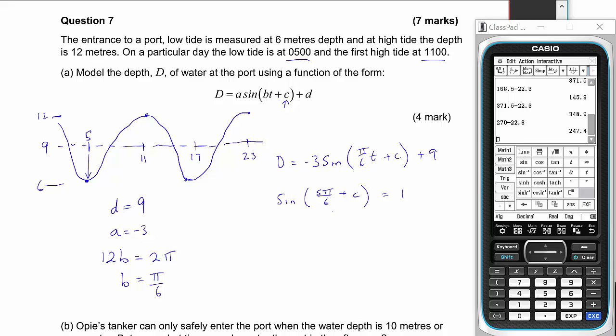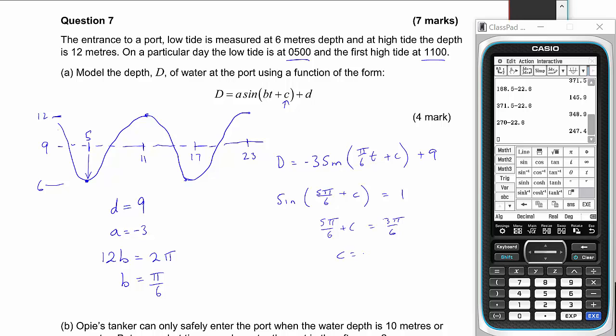And so 5 pi by 6 plus c must be equal to, so when that would be 1, that would be at pi by 2, which is 3 pi by 6.